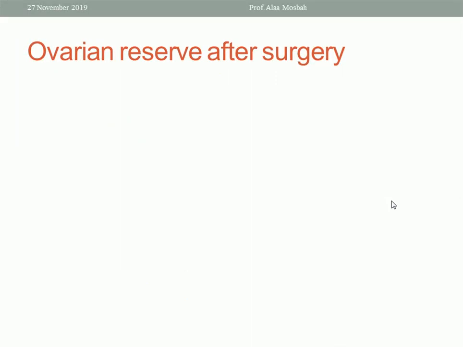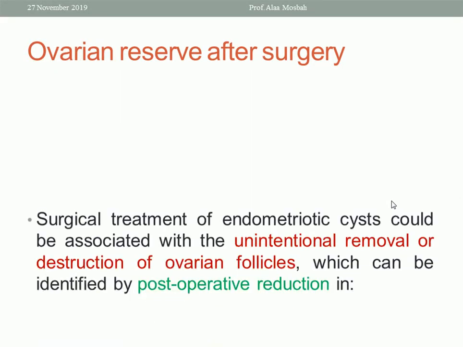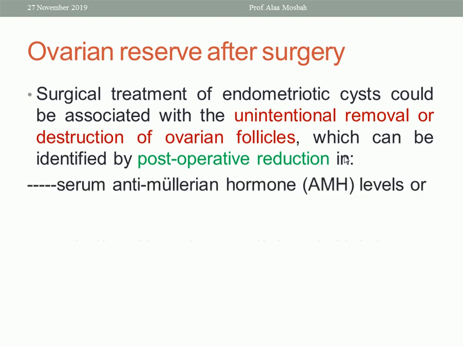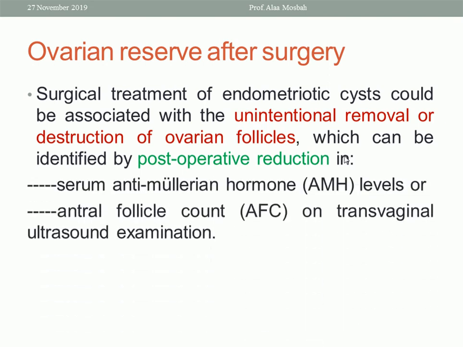What about the ovarian reserve after surgery? As we mentioned before, surgical treatment of endometriotic cyst could be associated with unintentional removal or destruction of ovarian follicles, which can be identified by post-operative reduction in antral follicle and the anti-Mullerian hormone levels.